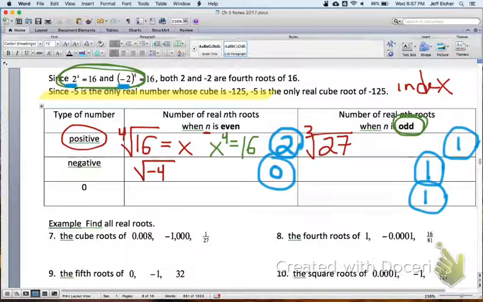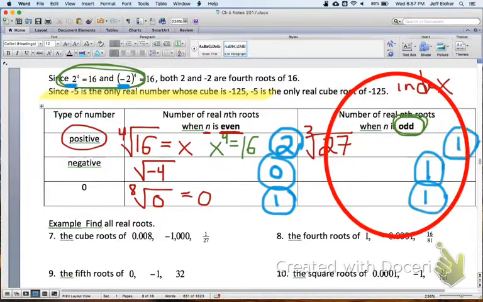And then if the number is 0, let's do an 8th root. 8 is an even number. The 8th root of 0 is 0. There's no positive 0, there's no negative 0, there's just 0. So you get 1 real root.